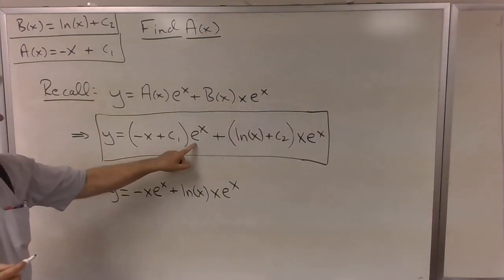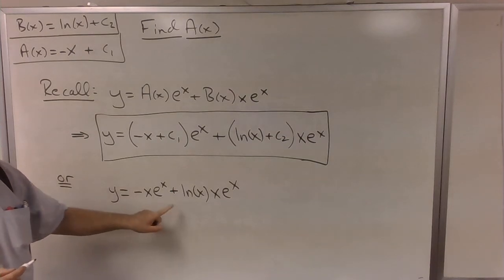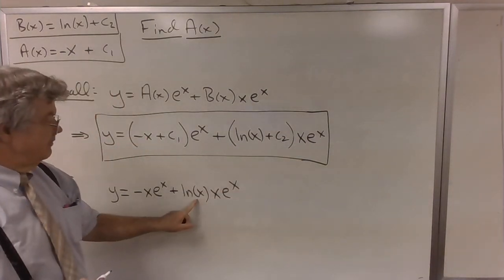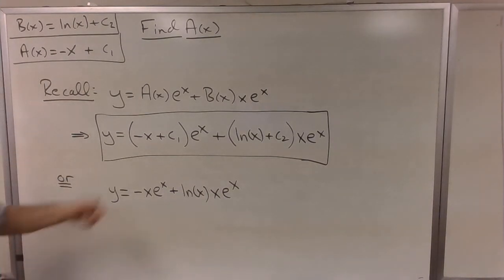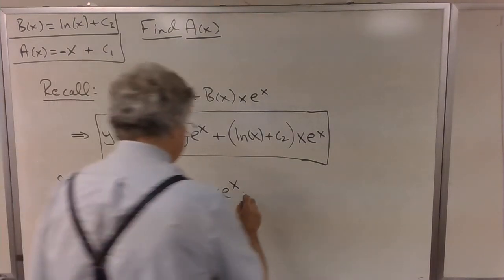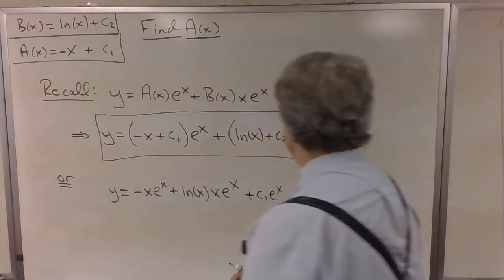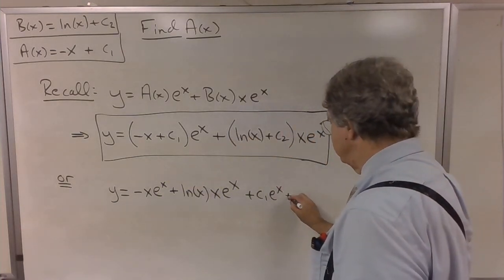So x e to the x, or negative x e to the x, natural log of x, x e to the x. And then look what we have here: c1 e to the x and c2 x e to the x.